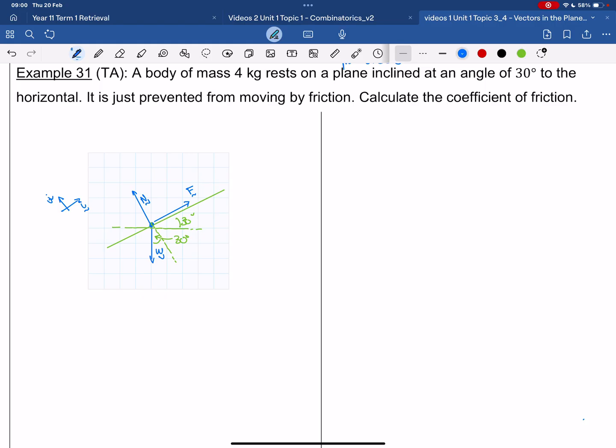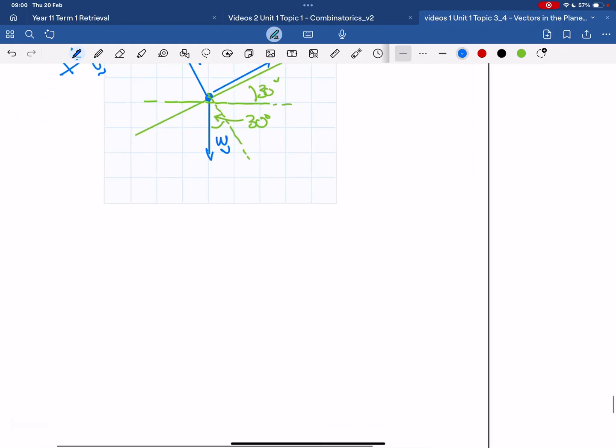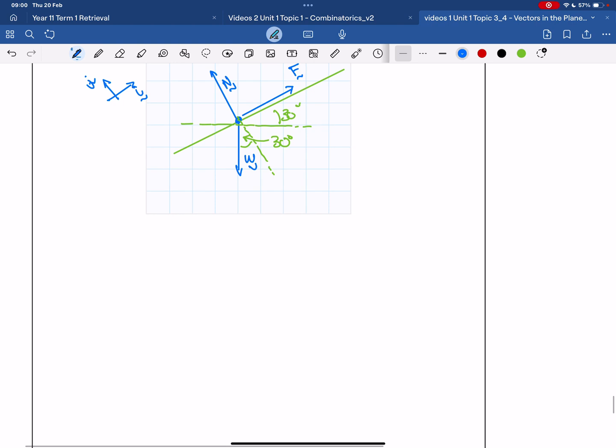All right, I've got my diagram going here. I'm going to define all my variables first. So we're going to let R be the resultant force, measured in newtons.